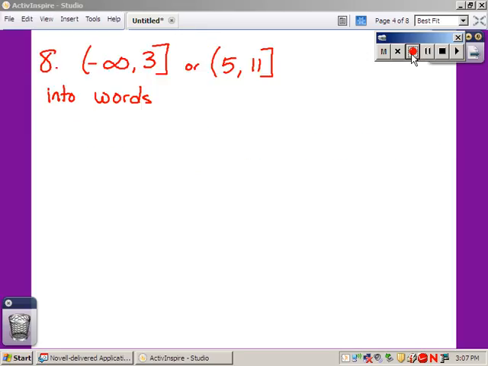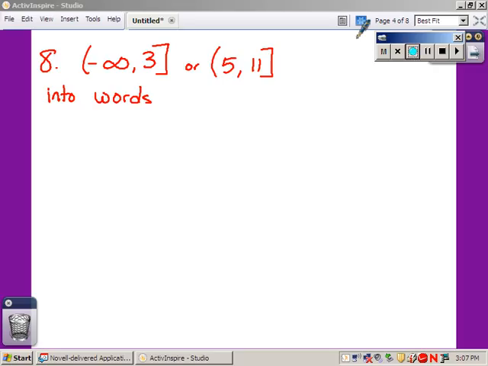Okay, this time, I think a lot of people get a little bit confused about what it means to say something in words. It means that they want you to describe the numbers that they're talking about in those two sets. So the first one is a little bit tricky because it deals with negative infinity to 3. So a lot of people like to say all the numbers between negative infinity and 3, including 3. That's what the bracket means.